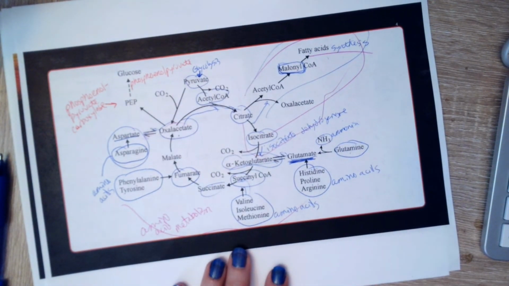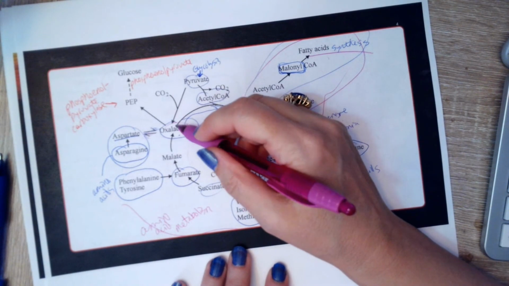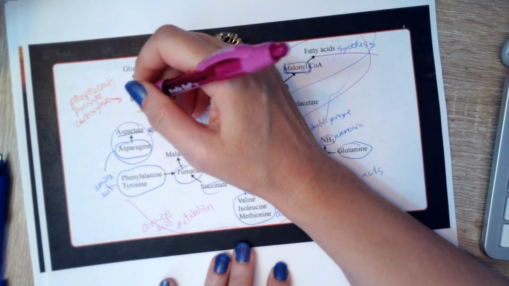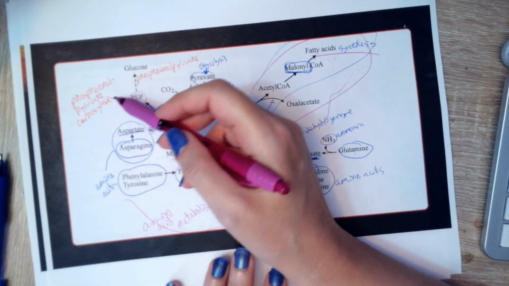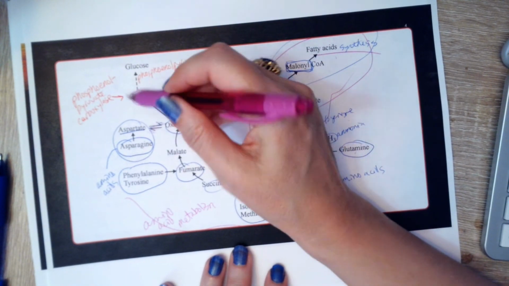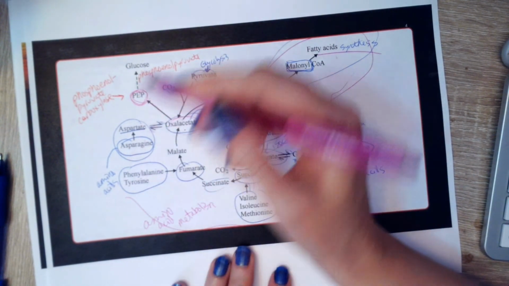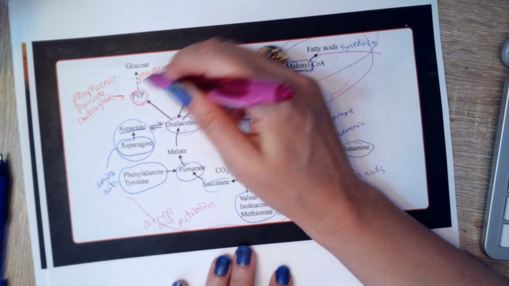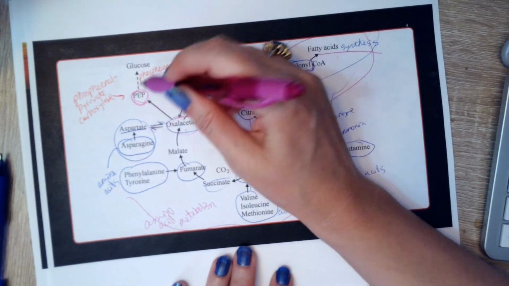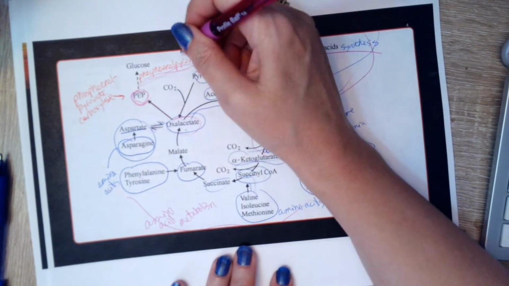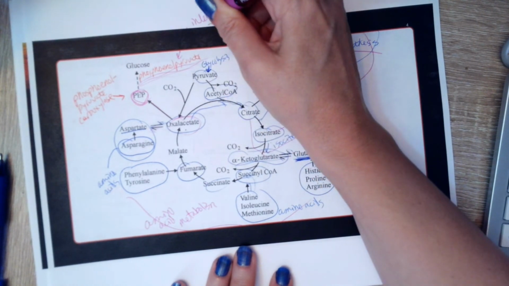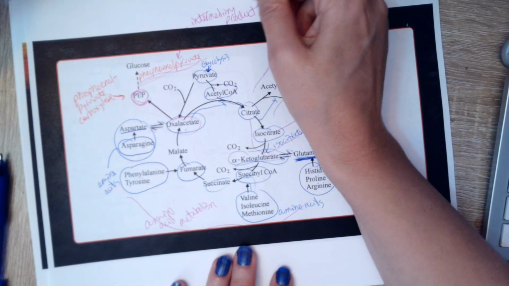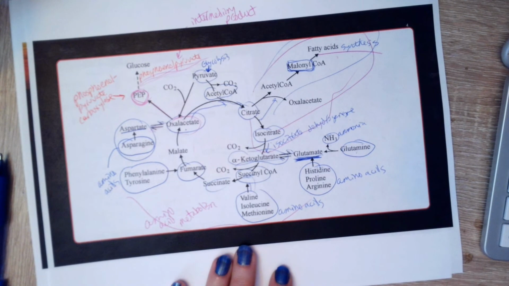Another take-home message from this slide is, looking again at oxaloacetate, we have another enzyme over here called PEP, or phosphoenol pyruvate carboxylase, which is a mouthful. So PEP just sounds a lot better. It's a lot easier to call it that. And through an intermediary product, which we don't need to worry about too much, I just put it there to show you, we can get glucose out of that.